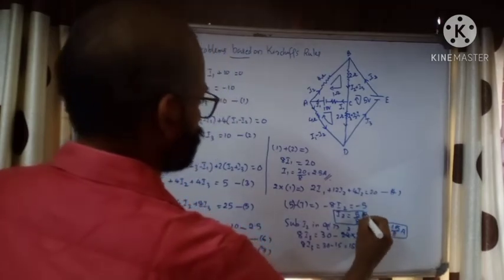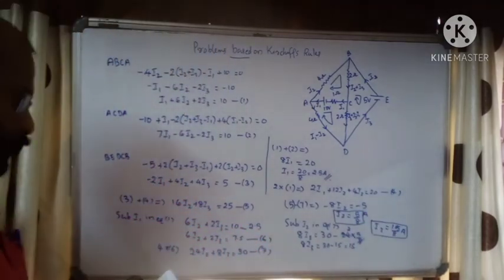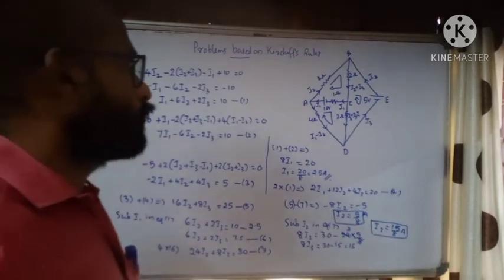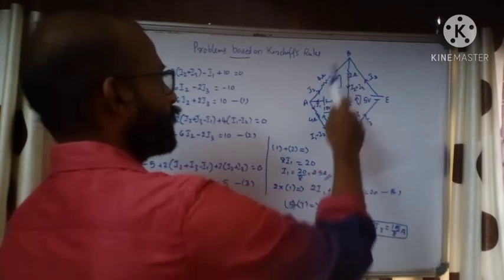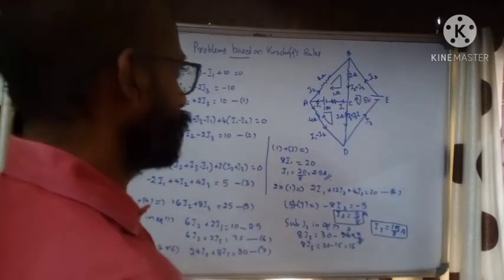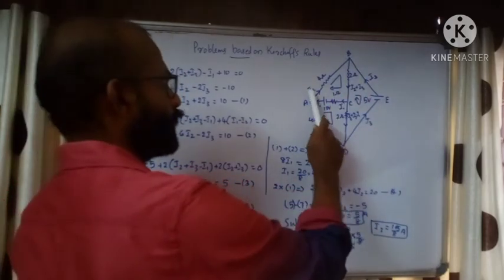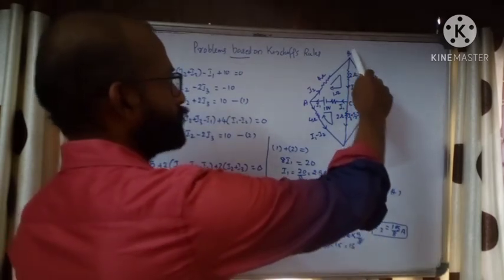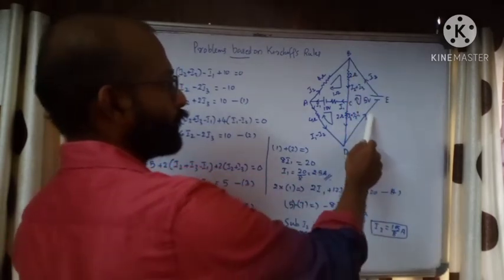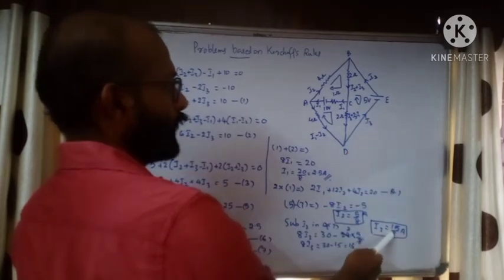So these are the values of currents I1, I2 and I3. Now if you want to find the current in each branch, for example in AB, that also we can do. Current in AB is I2, that is 5 by 8. Current in the branch BED is only I3, 15 by 8.